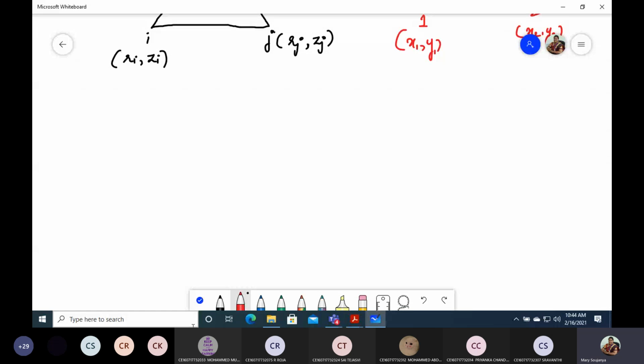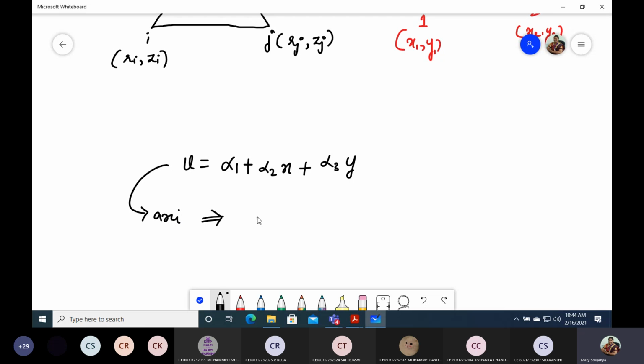We took u is equal to alpha 1 plus alpha 2 x plus alpha 3 y. In a similar way, for axisymmetric problems, we take u is equal to a1 plus a2 r plus a3 z; here the x coordinate is r and the y coordinate is z.